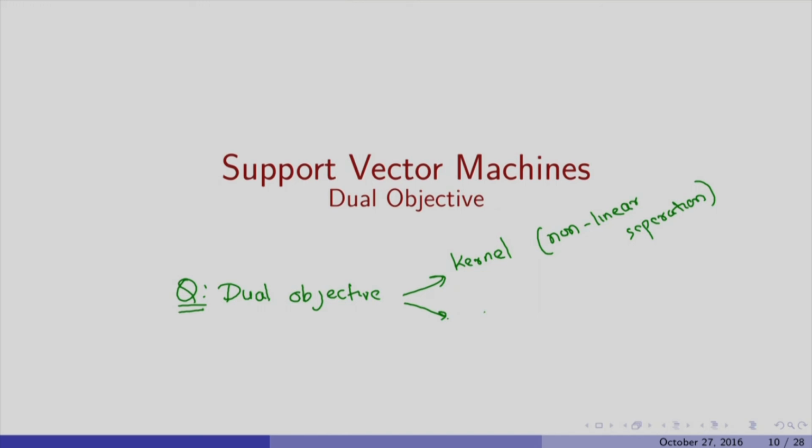You would also like to get an interpretation of the support vectors, and recall that for support vector regression we got that through the necessary and sufficient optimality conditions.